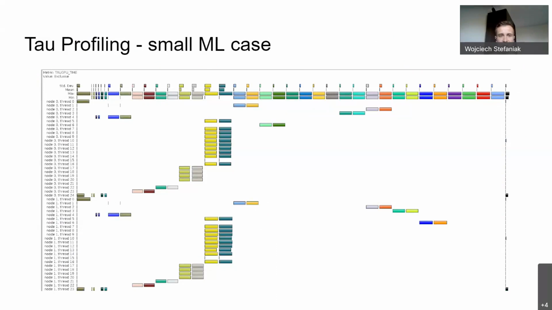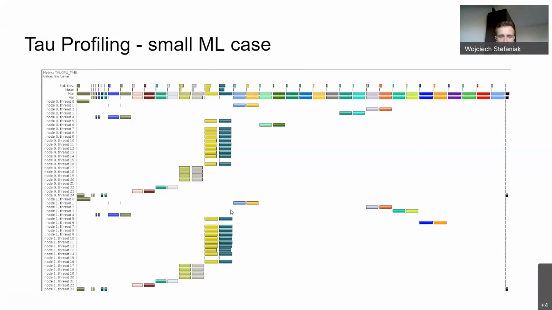And as you can see, there is some kind of initialization here, some small processes. Then we are dealing with NCCL and the Horovod backend, starting communication.